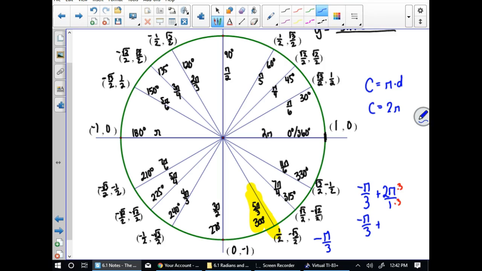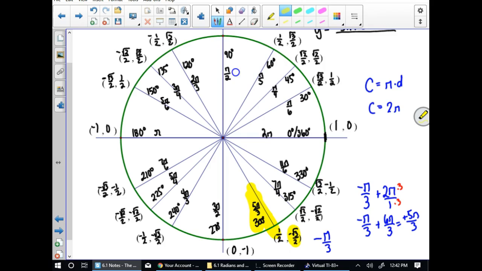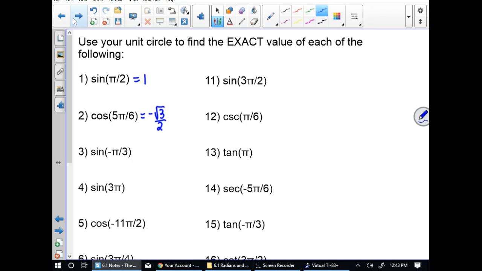So we'd have plus 6 pi over 3, and that would give me 5 pi over 3, which is where I'm at right here. All right, and what were we looking for, sine or cosine? Sine, and sine, is that my x or my y coordinate? Y coordinate, so my y coordinate right here is negative square root of 3 over 2.